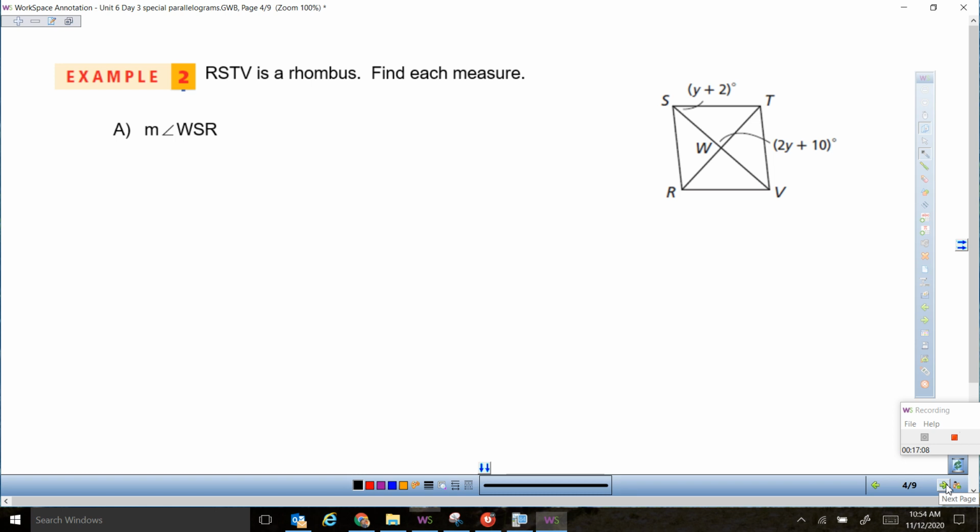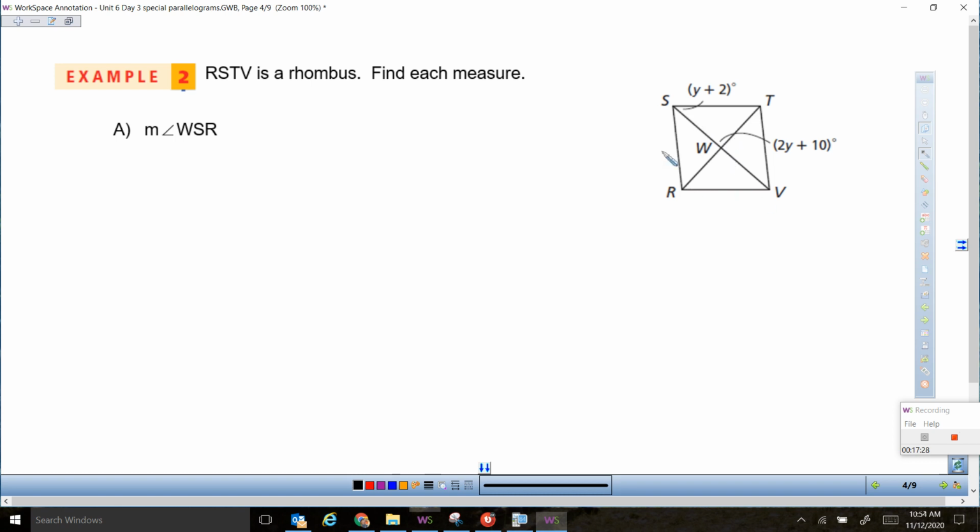Okay, now we have some examples. It says example 2, RSTV is a rhombus, so that means all four sides are congruent. That means the diagonals are perpendicular, and the diagonals also bisect the opposite angles. So it's a rhombus. Find each measure. Property number 2 is that the diagonals are perpendicular.